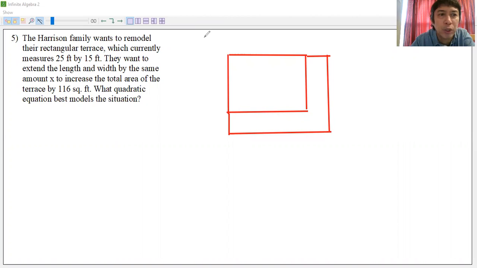Now, according to the statement here, this is originally 25 by 15. Now, the area of that is 25 times 15. That's the area. Now, they want to extend the length and width by the same amount, x. So this will be x, and this is also x.